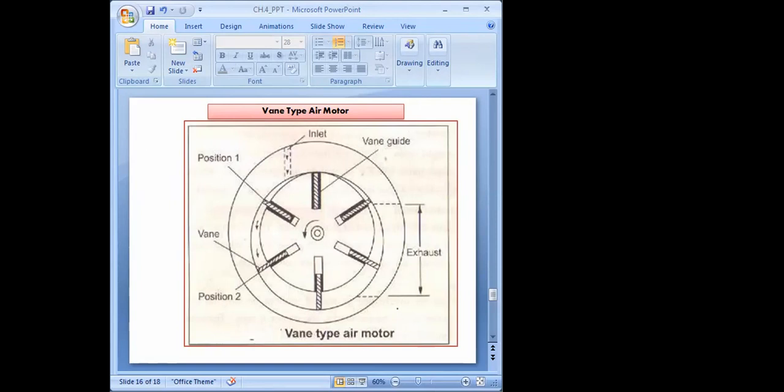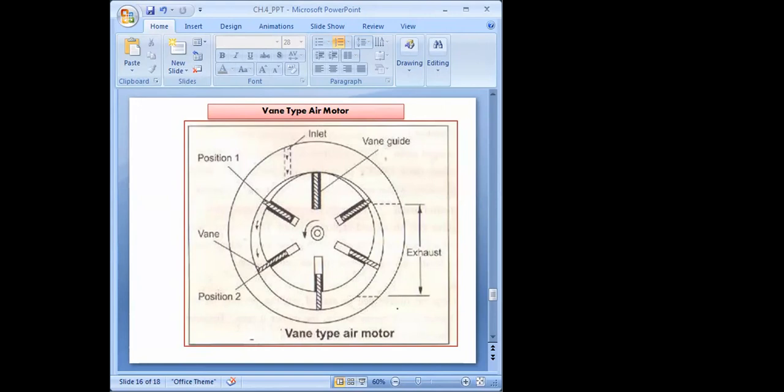Okay, and this air at reduced pressure will be exhausted to the atmosphere through this exhaust port. The shaft of your motor is connected to the actuator part.